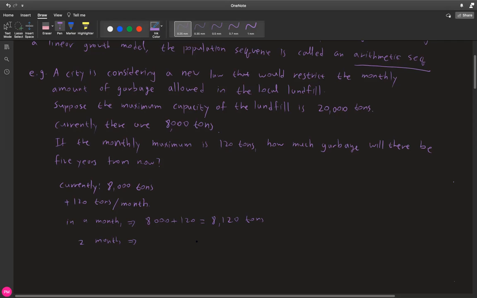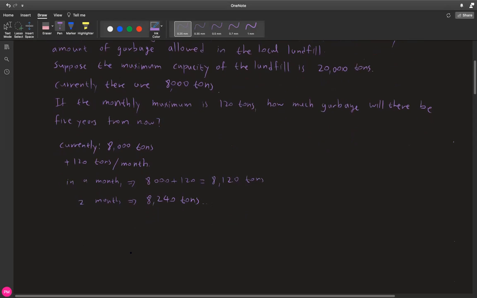So how would you go about calculating this? We have seen that we're increasing by 120 each month. So in this case, 240 tons. Let's say in 2 years, how many months has elapsed?